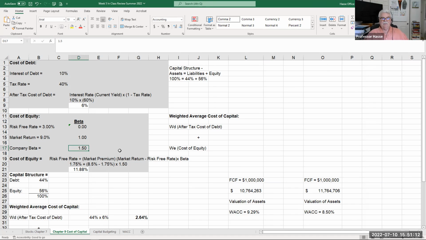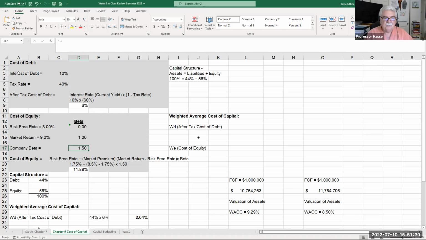That's the beta. So if the company has matched the market return of 9%, their beta will be 1. But as you can see, the company's beta is 1.5. Thus, they have a little bit of fluctuation around that return of 9%, a little bit risky.